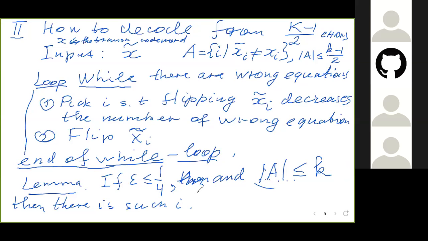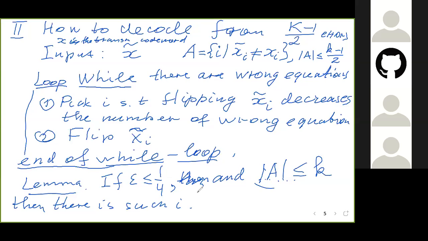But later, A can actually increase. And why is this? It might happen. So in the proof of the lemma, we showed that there is at least one wrong variable, flipping which we decrease the number of wrong equations.